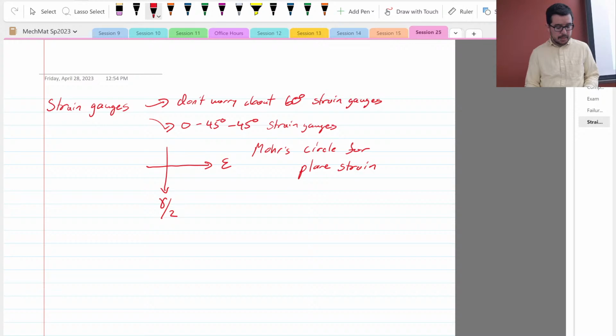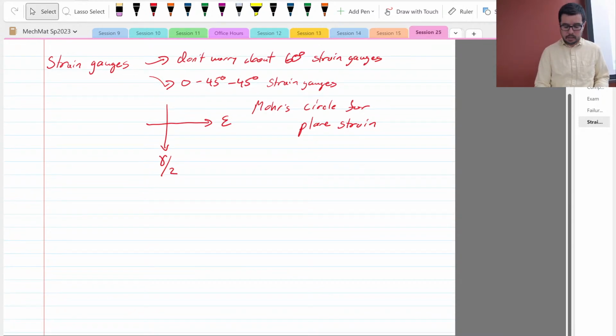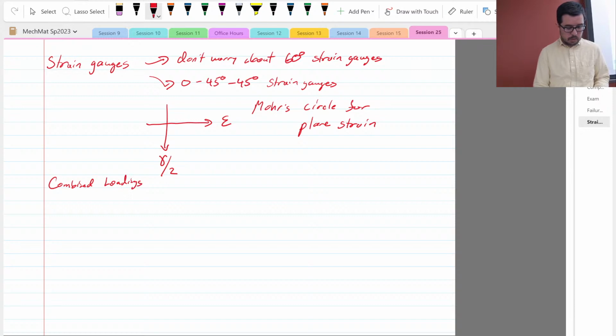Yes, combined loadings, definitely fair game. Flexure formula.